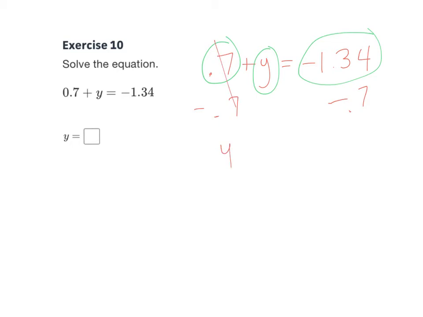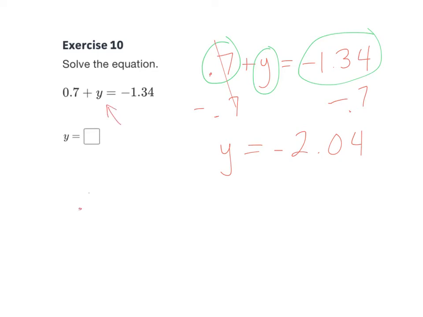So I'm going to get y is equal to a negative 1.34 minus 0.7, I believe, is negative 2.04. Let me just double check that. Negative 1.34 minus 0.7, negative 2.04. And then to check it, I'm going to plug that in right here.